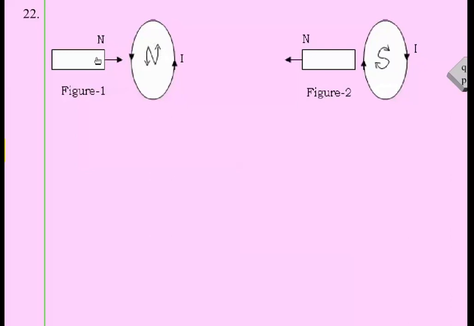This opposes the motion of the magnet. If this north pole is moved away in this direction, then that induces EMF and current in the opposite direction, so that the face becomes a south pole, and this south pole opposes the motion of the north pole away from the loop. So this is Lenz's law.